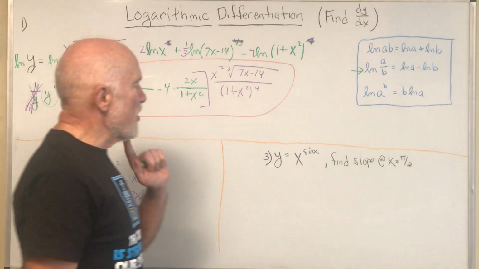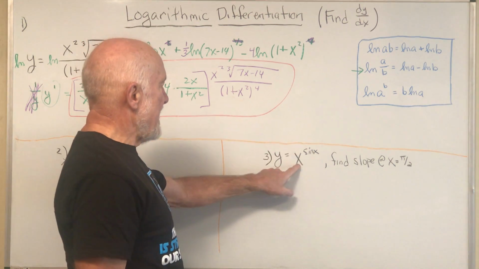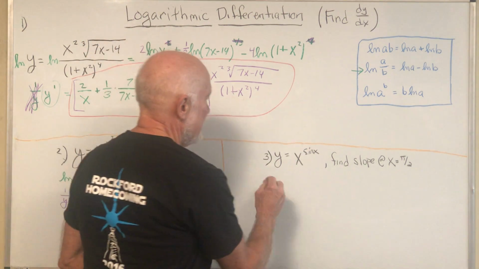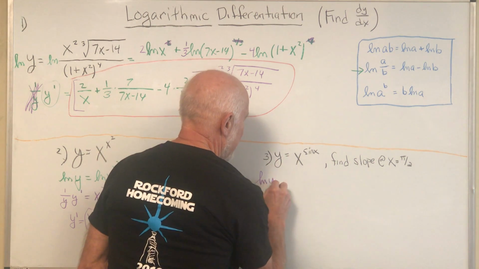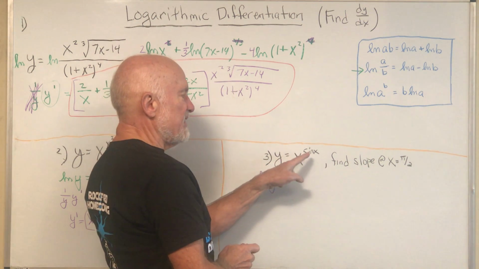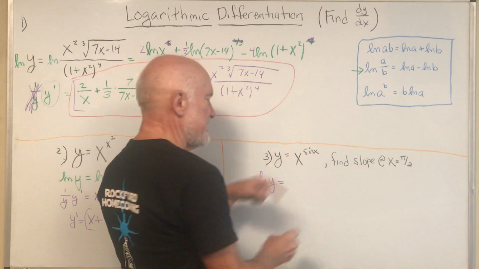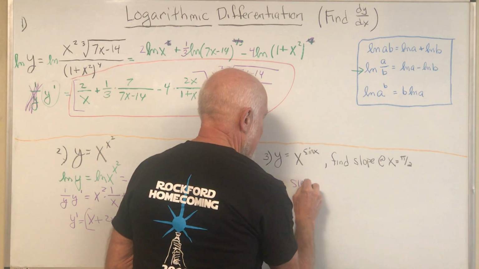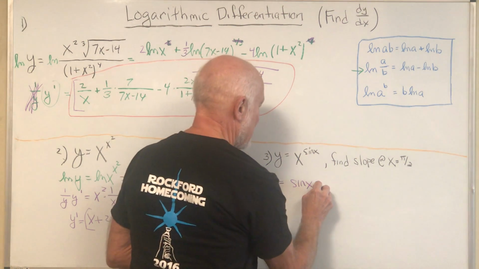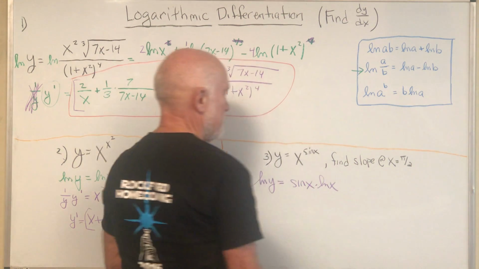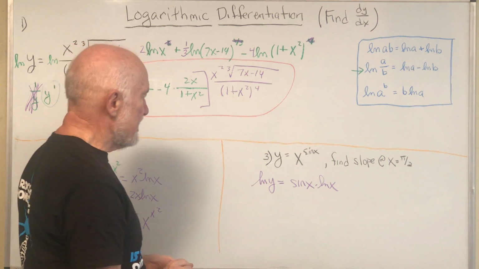Okay, let's try one more of those. x to the sine of x. We're going to take the natural log of both sides, and when we take the natural log of this side, we're going to take the sine of x out front. And then we're going to do the product rule again.